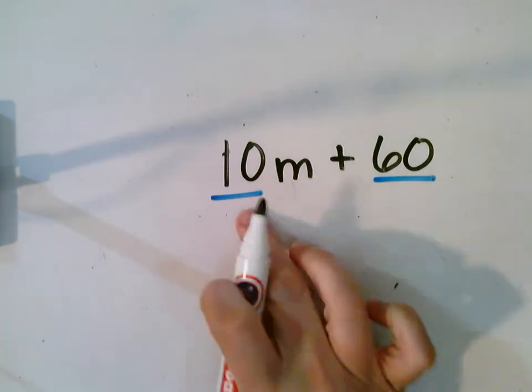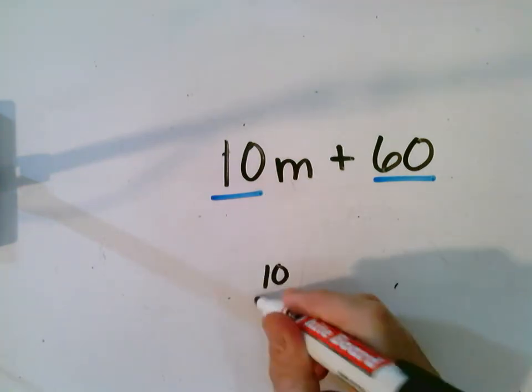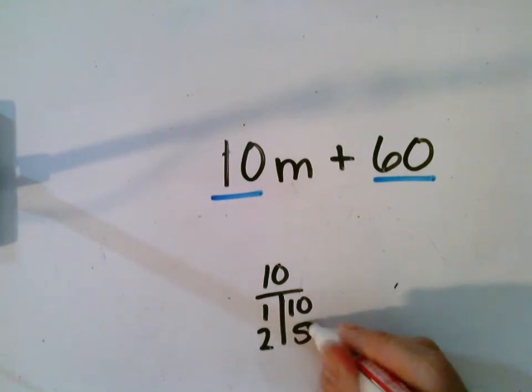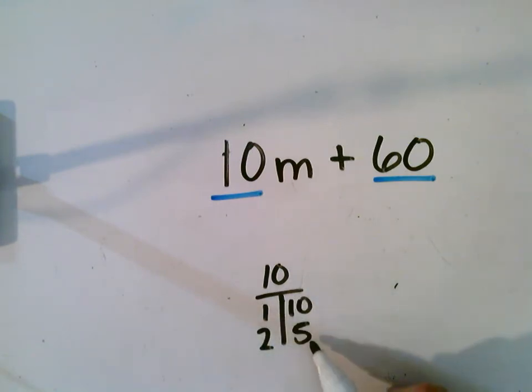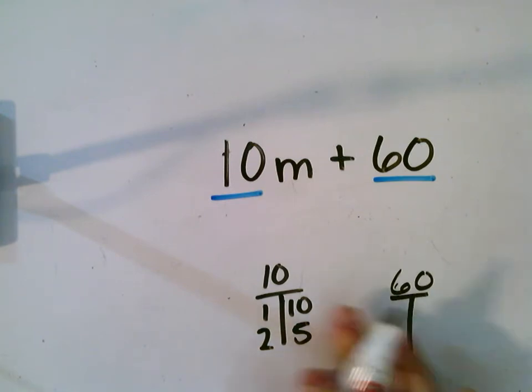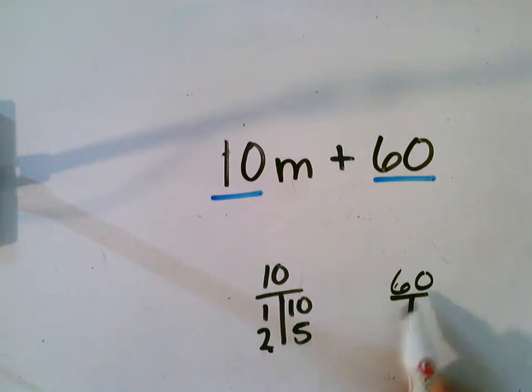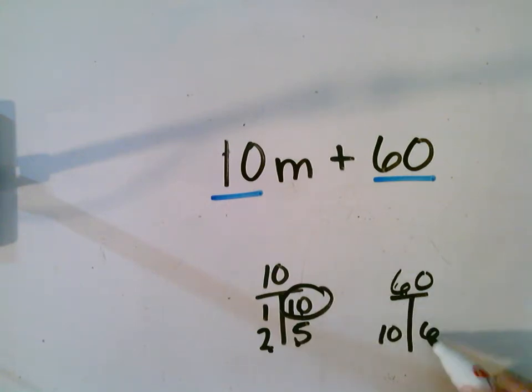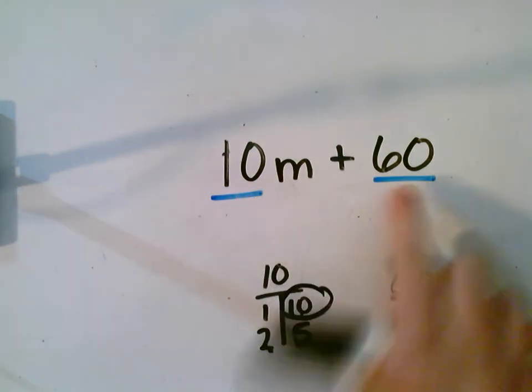So let's do my smaller number first. 10 is 1 times 10 and 2 times 5. Are any of these also factors of 60? Yes, they are. In fact, all of them are factors of 60. 2 times 30 makes 60, 5 times 12 makes 60, and 10 times 6. I hope that struck you right as soon as you saw the 10 and the 60.